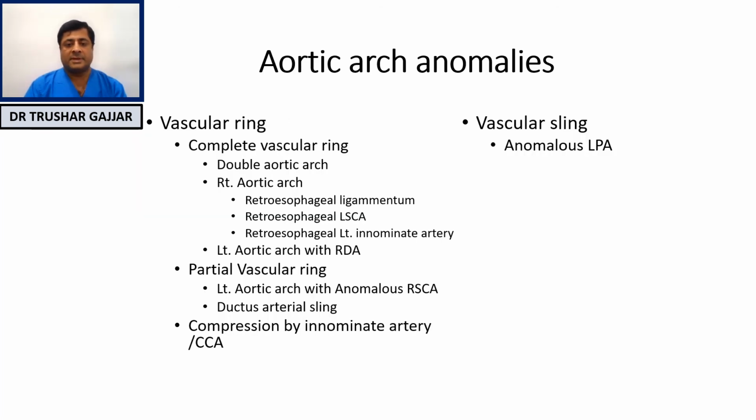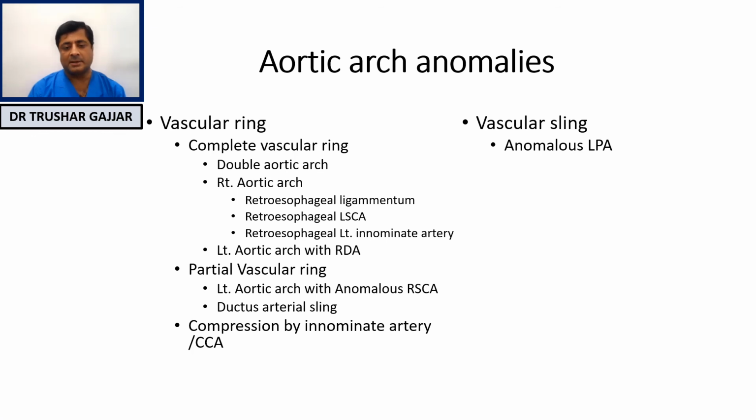So we can even classify aortic arch anomalies in the form of vascular ring or vascular sling. Vascular ring will produce complete obstruction, or they will be like a ring form. So either it is a complete ring or a partial ring.